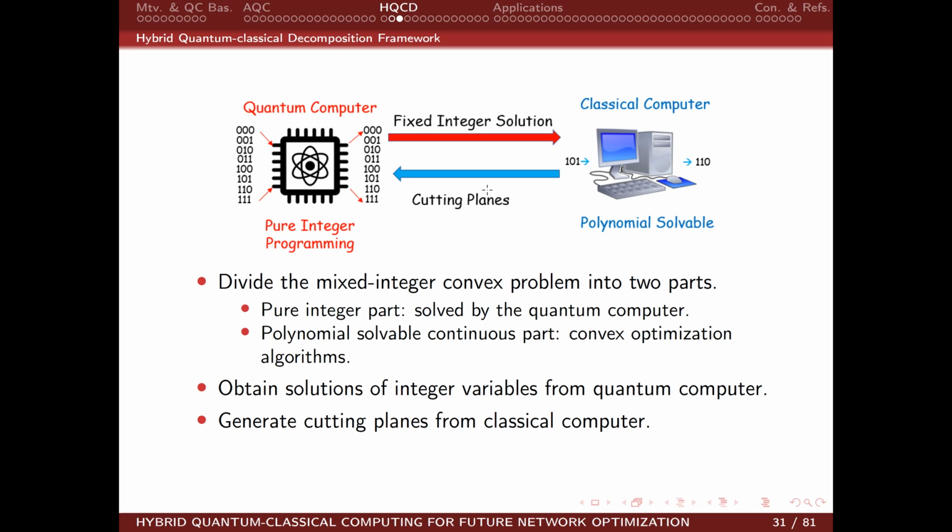So it's an iterative process. First, we solve the problem on the quantum side, then send the integer solution to the classical computer side. Then we send the cutting planes from the classical computer back to the quantum computer. Eventually, they will converge. This is the idea of the hybrid quantum computer algorithm.